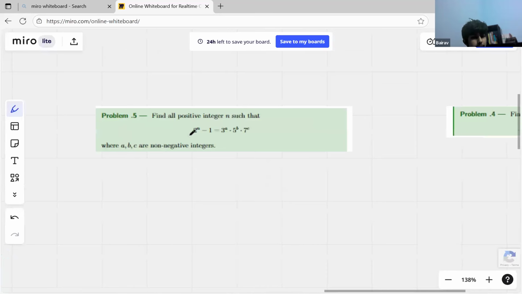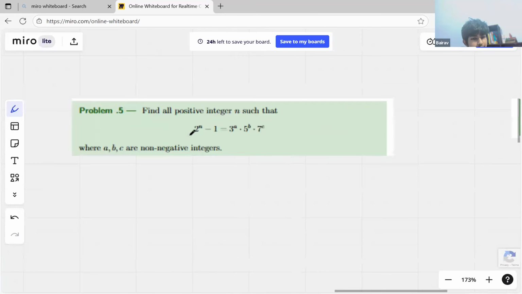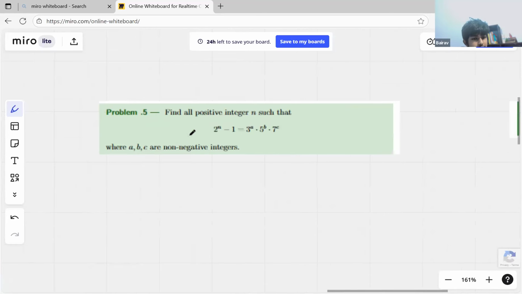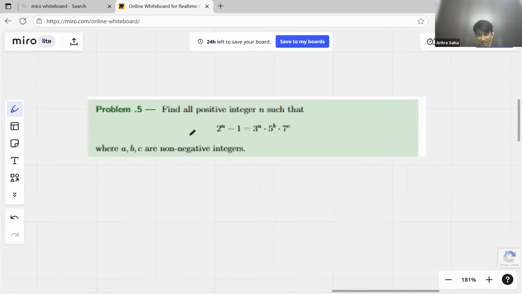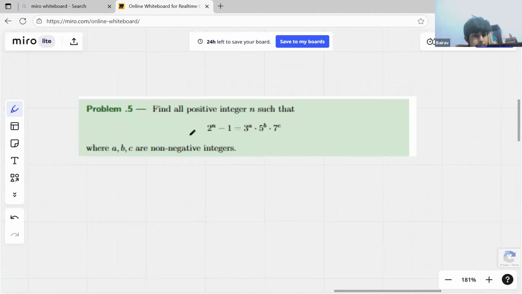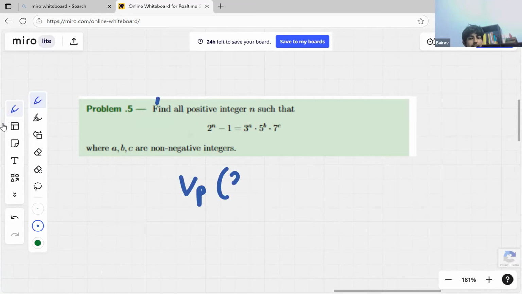We could do this with VP bounding. Okay. V3 of 2 to the power n minus 1 will only be roughly log of n, and same for V5 and V7, meaning that for sufficiently large n, the size of the VPs becomes too small, and then the remaining smaller n become sparse.